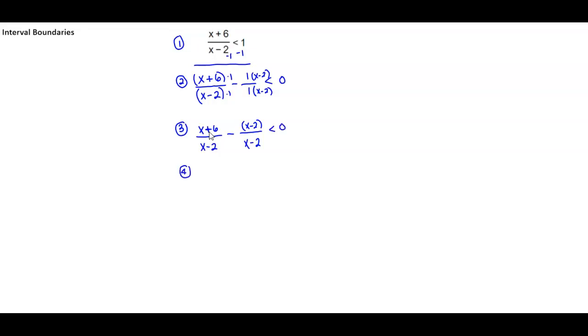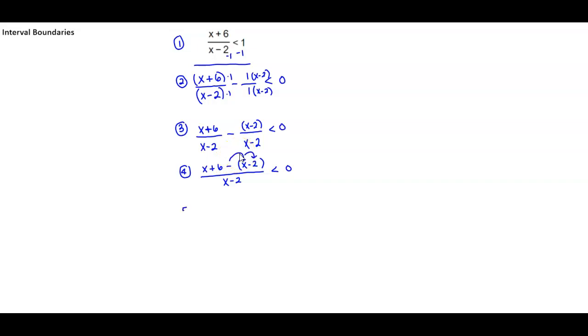Now, in step number 4, we have x plus 6 minus the quantity, don't forget the parentheses, x minus 2, over the denominator of x minus 2, which is less than 0. So now we need to distribute this sign here.